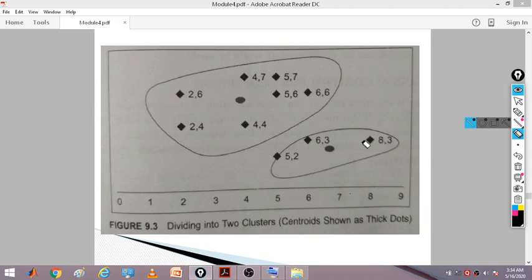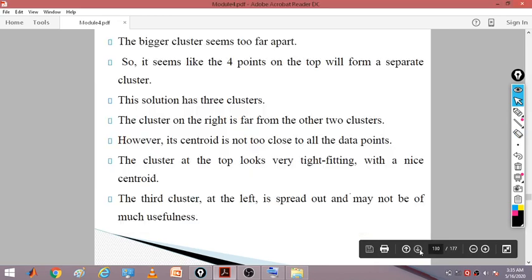You can take the 5, 6 and 8, average out of that, 2, 3 and 8, 3, average out of that, and find the centroid. Similarly here, you can take an average of all the x values and an average of all the y values. The mean x value and y value, if you plot them, is the centroid of this particular cluster.